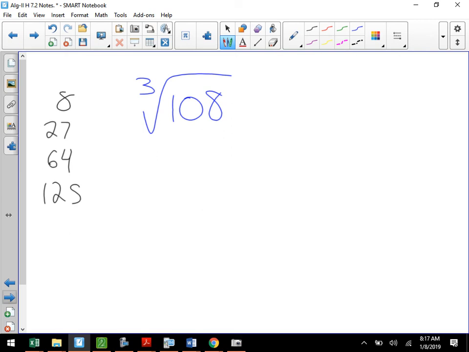So as you get going right away, you've got 2 cubed, 3 cubed, 4 cubed, 5 cubed. It's 27. 27 times what? 4. So we have 3 times the cube root of 4.